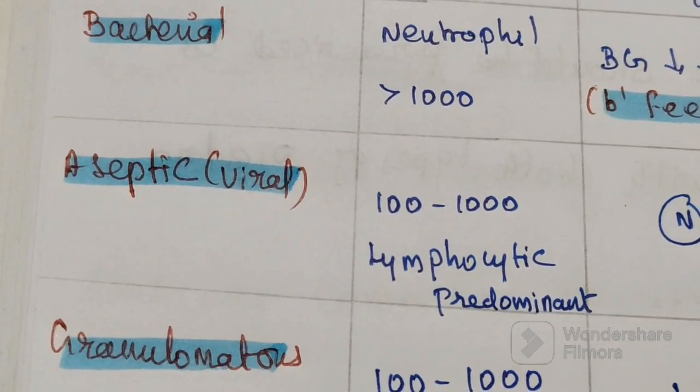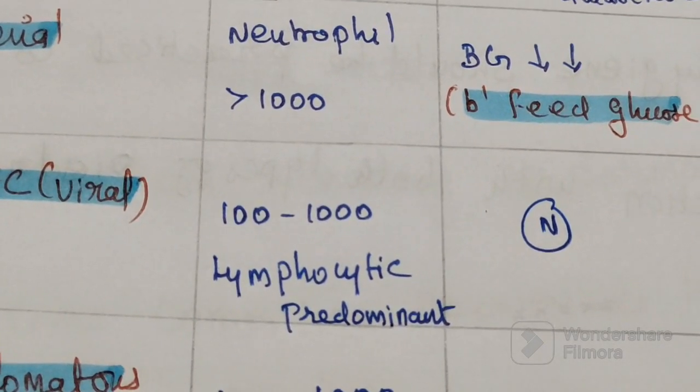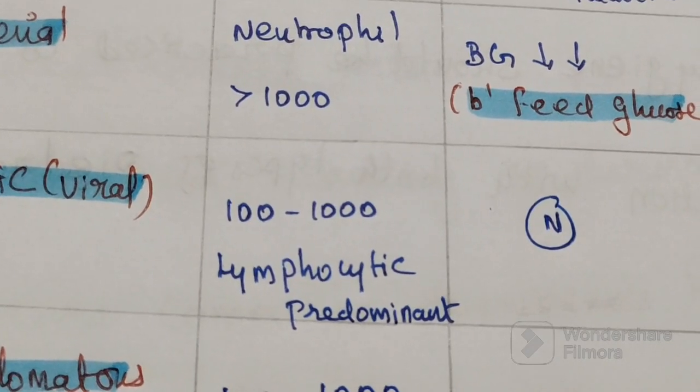In aseptic or viral meningitis, 100 to 1000 cells will be there.